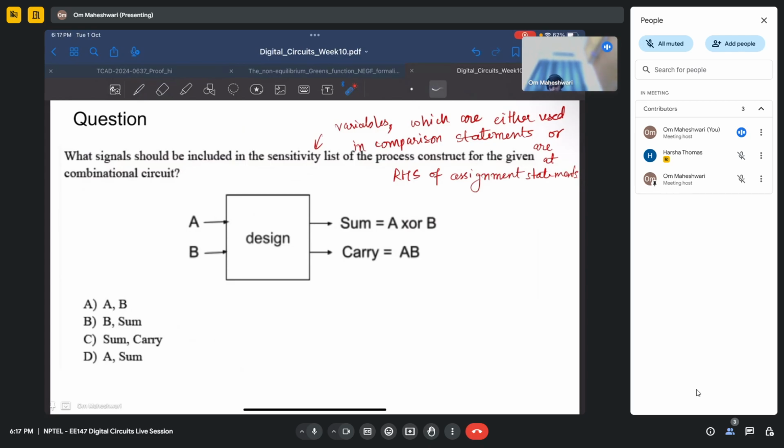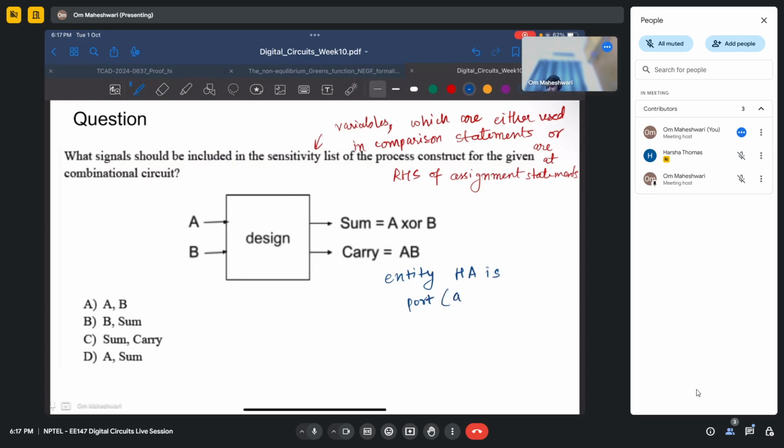So if you look at a very simple VHDL code of this half adder, what it would look like is: first we define an entity, let's say half adder, and then we define the ports.